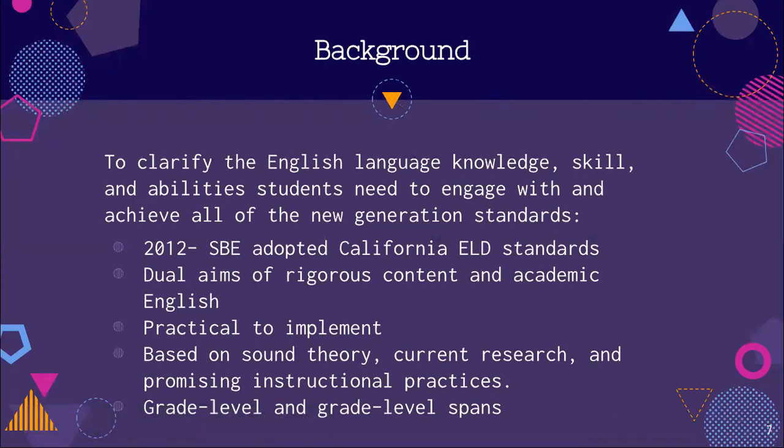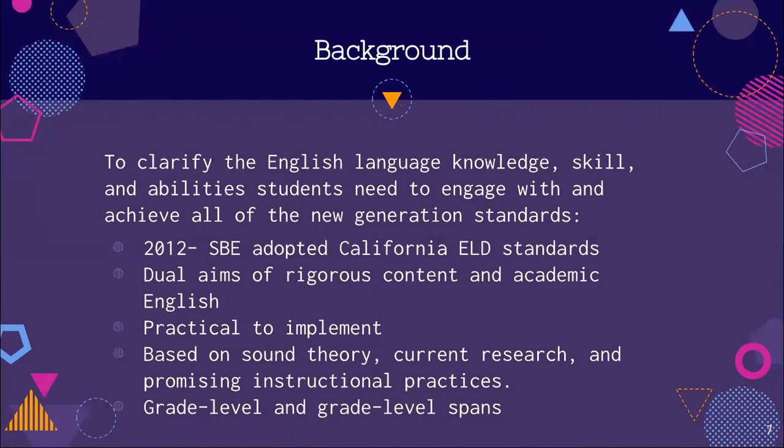This adoption followed the adoption and implementation of the Common Core Standards for Literacy, and they were actually built based upon those. So you'll see a lot of similar content and language, and actually this made possible the framework that includes both sets of standards.